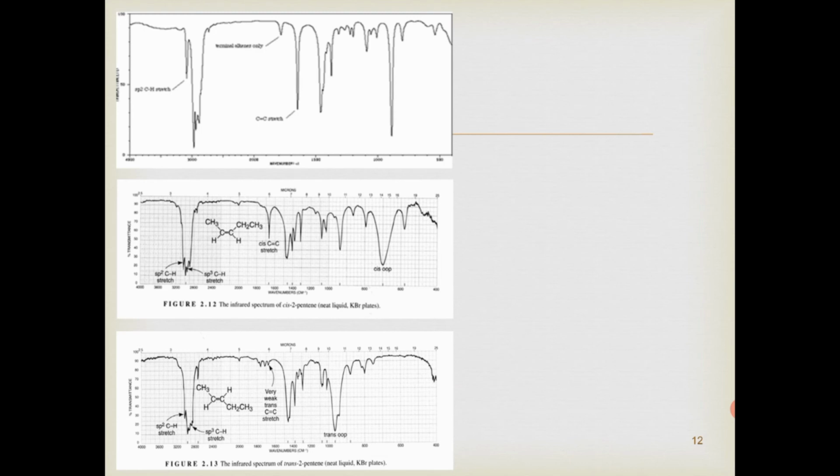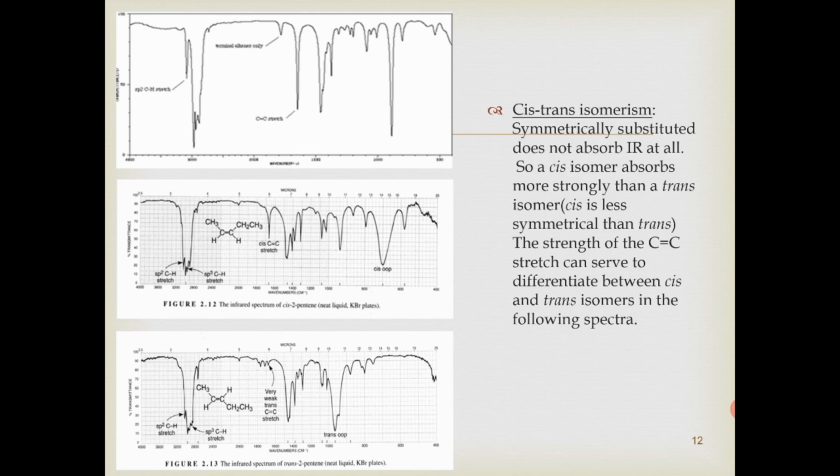See, look at this spectrum. This is very important; you have to observe it. We were discussing cis and trans. A symmetrically substituted alkene does not absorb at all because there is no polarity change. The cis isomer absorbs more strongly than the trans isomer because cis has a dipole moment, so it absorbs.